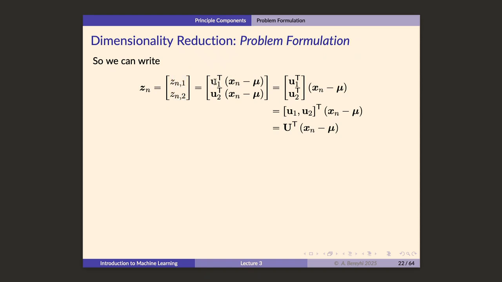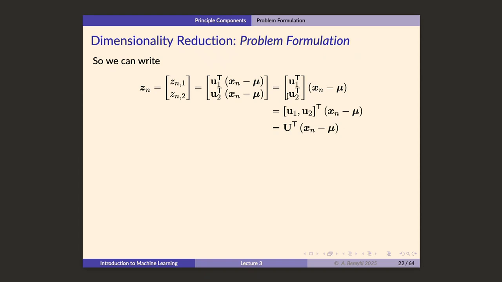The first one is going to be u1 transpose times x minus mu. The second one is the second direction, inner product with x minus mu. I can take this x minus mu out of the whole product, right? It's not going to harm anything. So I'm going to put it here, and then I have this particular matrix, right? It has 2 different rows, and in general, d different columns, right?